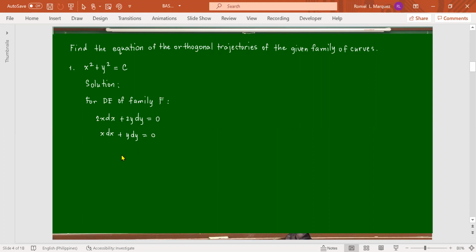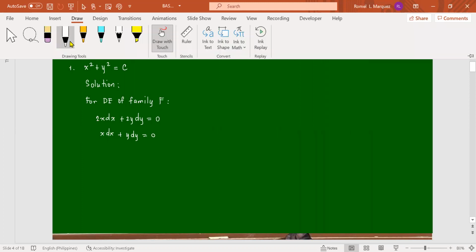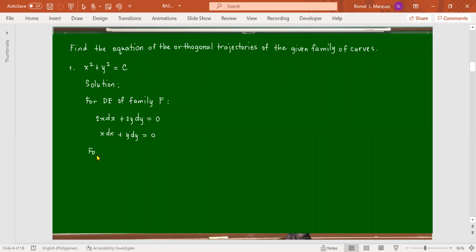Now for the differential equation of family G, the unknown family of curves, we have to interchange the coefficients of dx and dy respectively and then negate the second term. So we have y dx minus x dy equals 0.